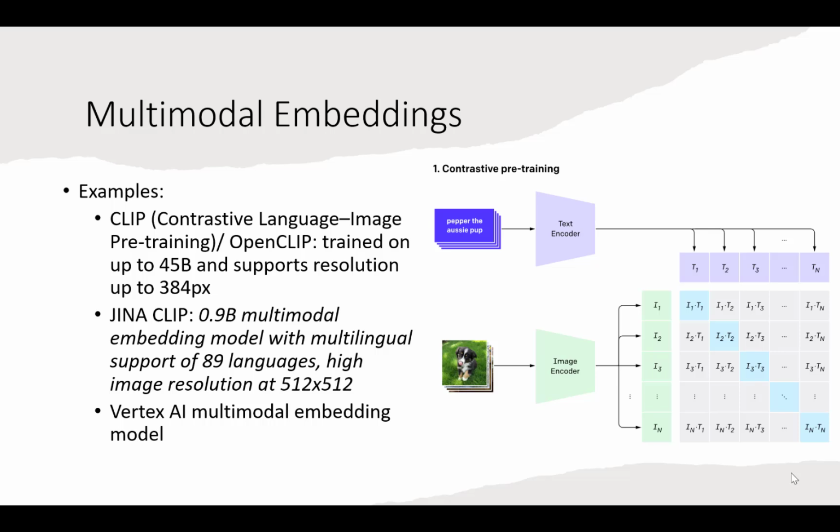Why I would like to highlight those multimodal embeddings is that I think the retrieval augmented generation, or RAG, approach is very popular right now. Obviously, those VLMs and LLMs can't cover everything.